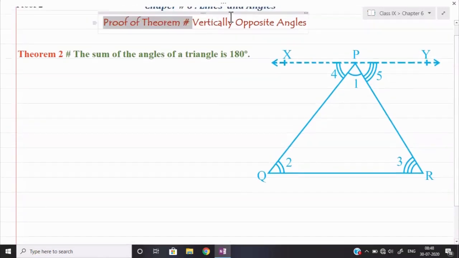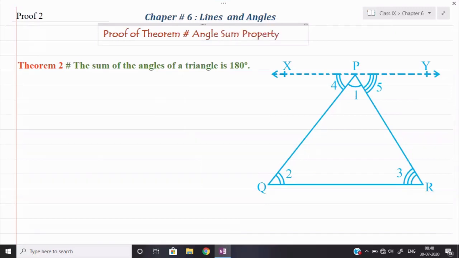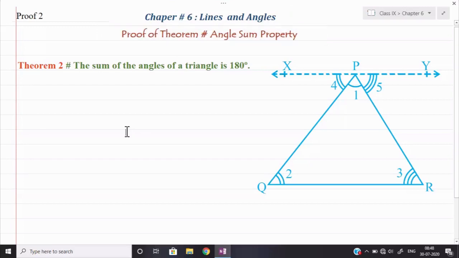Here I think the heading has become wrong, so let us correct the heading first. Angle sum property. Sorry, the heading was a little wrong. I just copied it, so it was kept like that only. Okay, so we are starting now the angle sum property.